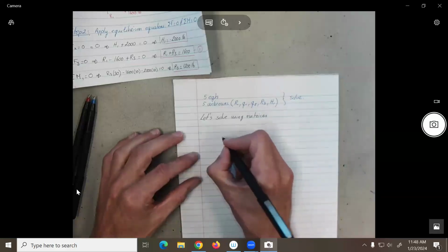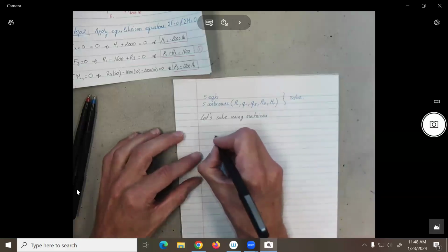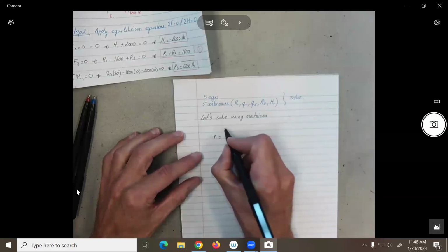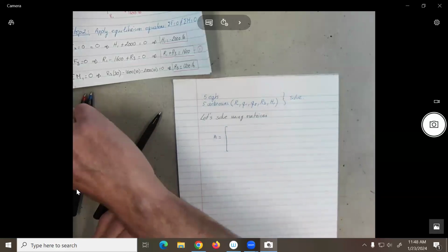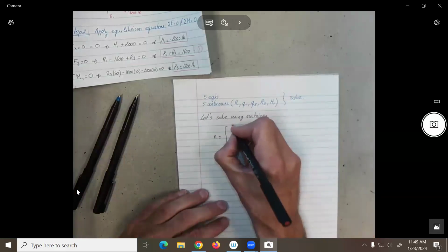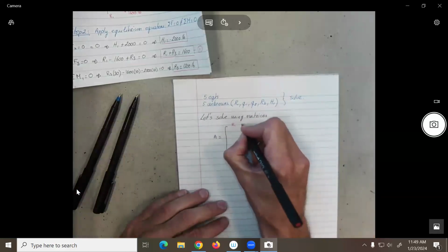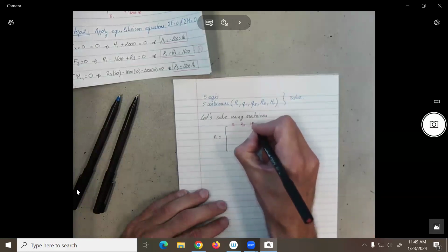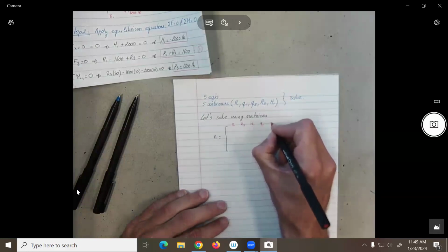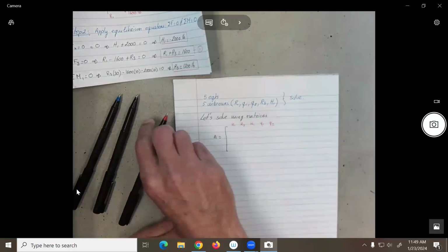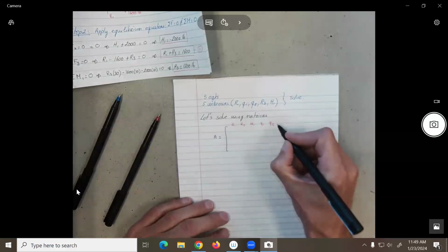Let's say I'm going to define a matrix here, A. Let's say I'm going to put over here R1, R3, H1. You don't need to do this. It's just for the first time that I do it so that it's clear for everybody.